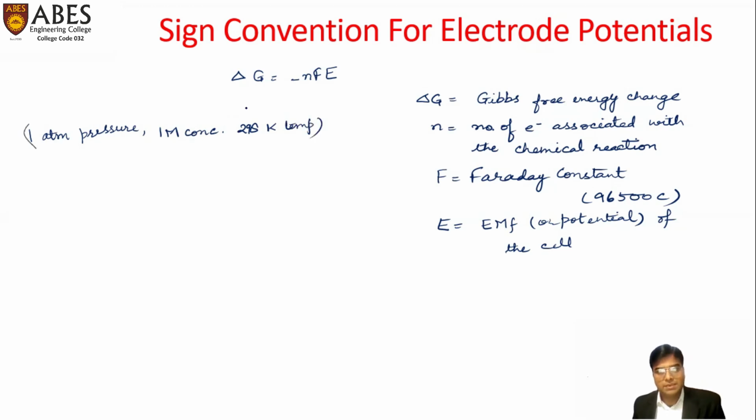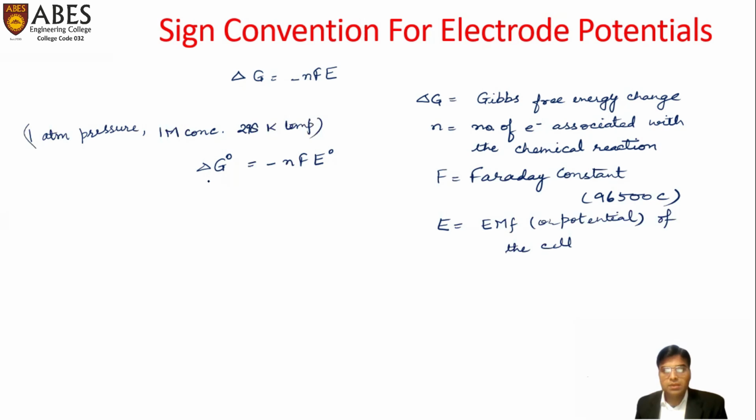Under standard conditions, this relationship may be shown as delta G naught equal to minus NFE naught, where delta G naught is the free energy change associated with the chemical reaction under standard conditions, and E naught is the EMF of the cell under standard conditions.